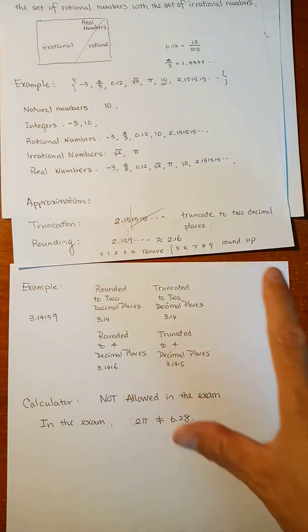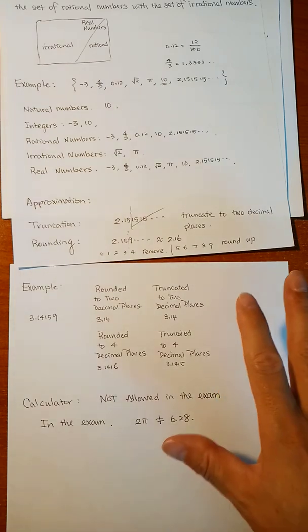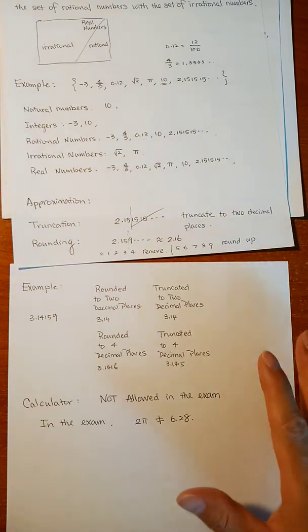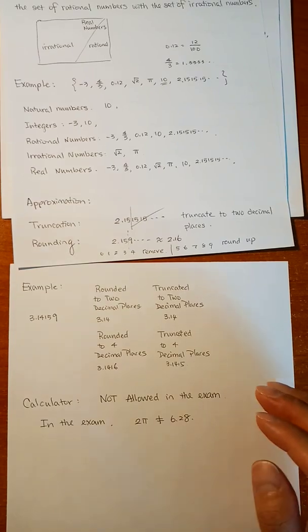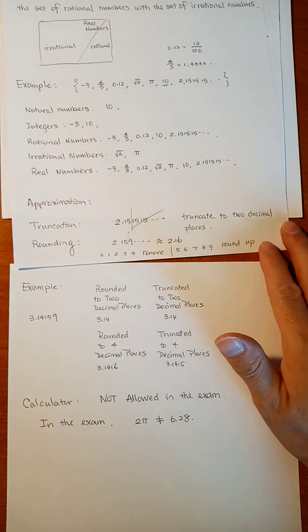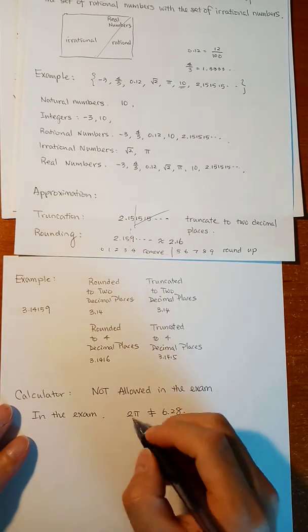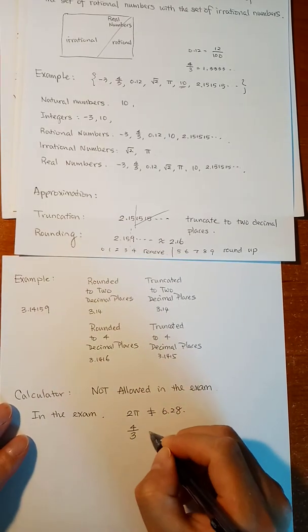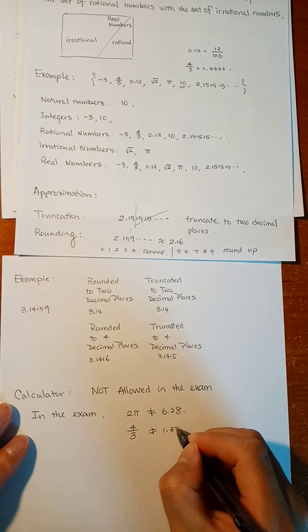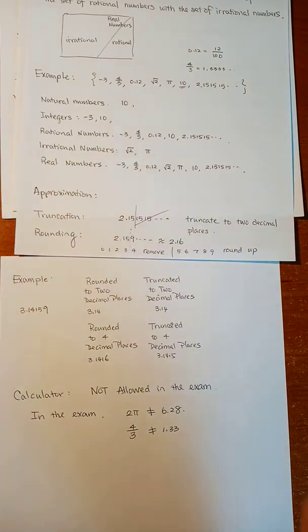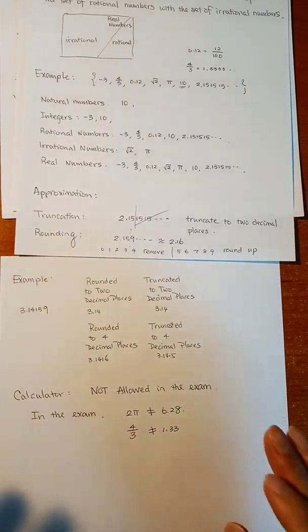We introduce approximation just as a method, but you should not leave any approximation as your final answer in the exam. That's not allowed. Okay, so always write this. And also 4/3 is not equal to 1.33.